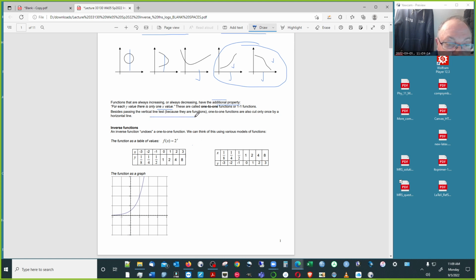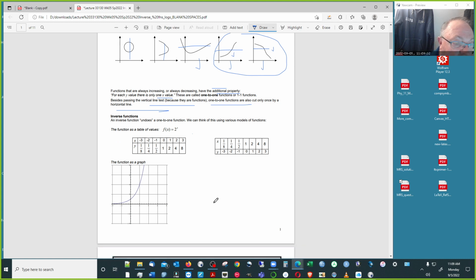Besides passing the vertical line test, the one-to-one functions are also only cut by a horizontal line once. So that's a definition of a one-to-one function. That one there's not a one-to-one because that doesn't work, but here it works and here it works. Okay, so those two are one-to-one.